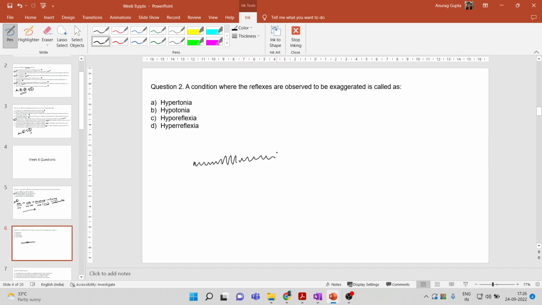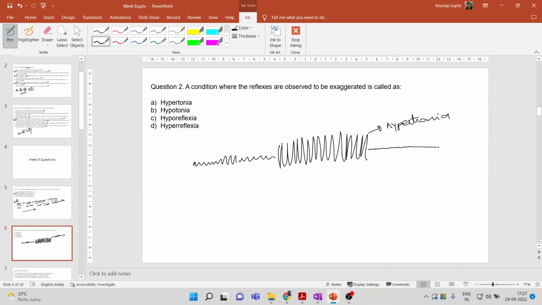So when this baseline activity is heightened more than usual, then there is always some extra tension in the muscle. That situation is hypertonia. And when the activity is very less, that is, the tension in the muscle is lesser than usual, then the situation is hypotonia.